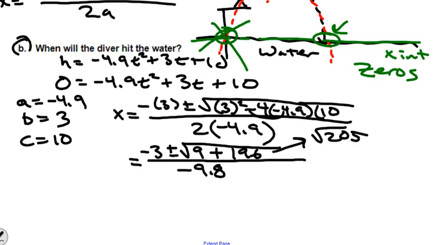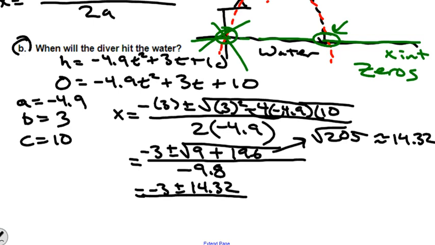And I know from doing this problem that the square root of 205 is 14.32. So this is going to give me negative 3 plus and minus 14.32, all over negative 9.8.